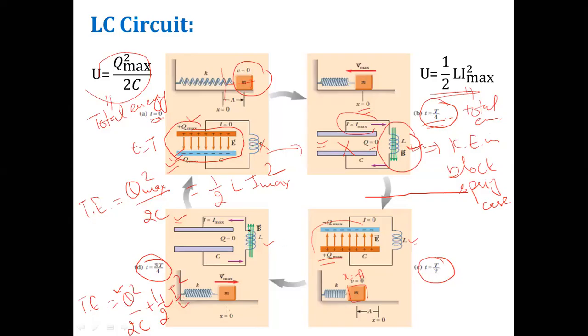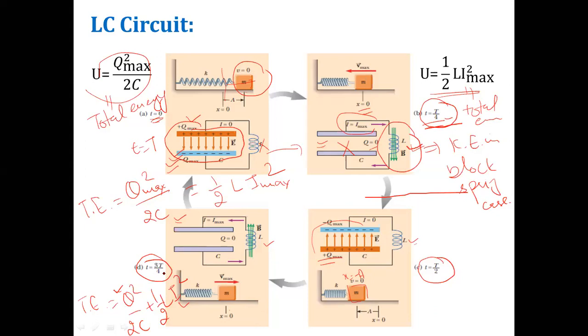If you look here, we have just chosen times which represent some standard fraction of the cycle: 1 by 4th of the cycle, half of the cycle, 3 by 4th of the cycle.